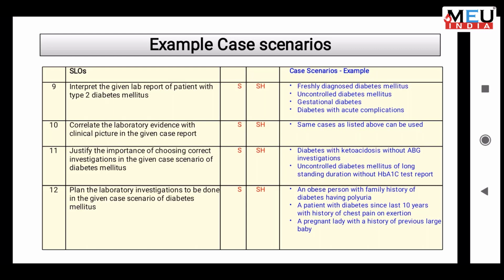Like that, a patient with diabetes since last 10 years with a history of chest pain on exertion, we could expect them to add on lipid profile. A pregnant lady with a history of PCOD, wherein we can go in for GTT or GCT. So these are some of the example case scenarios where we can address and evaluate each of these Shows and Shows How level competencies. So that is with diabetes.